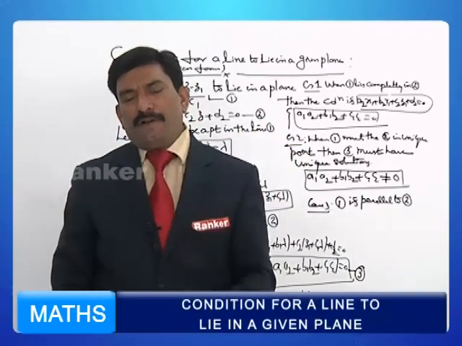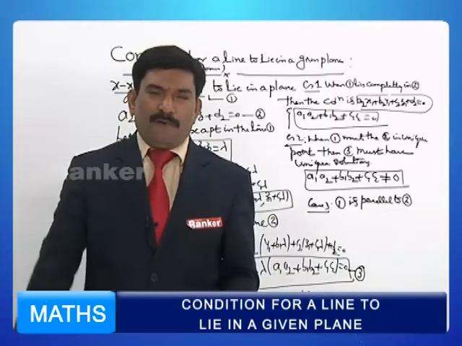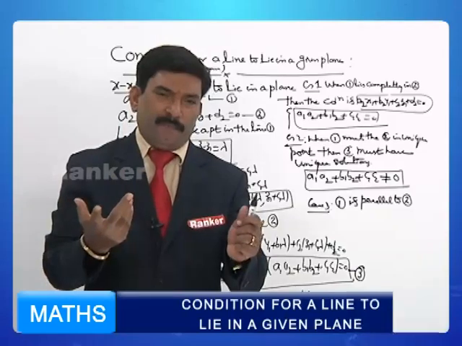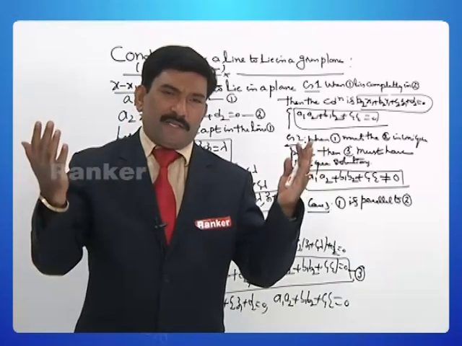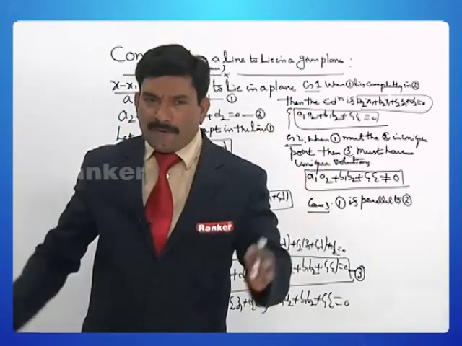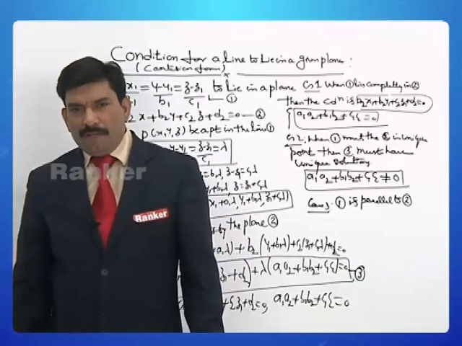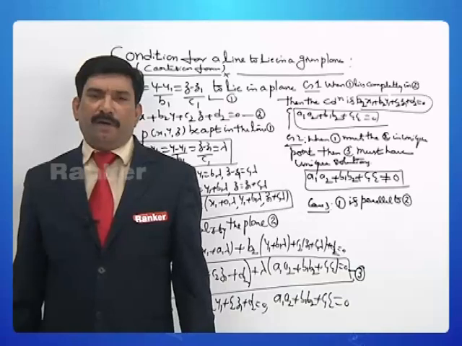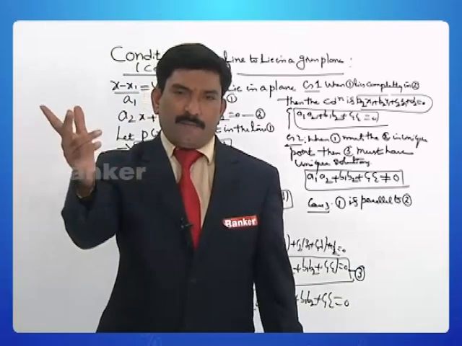It is quite obvious. If I take this line as a vector and this normal as a vector, when any two vectors are perpendicular, their dot product is equal to 0. When any two vectors are orthogonal, their dot product is equal to 0.